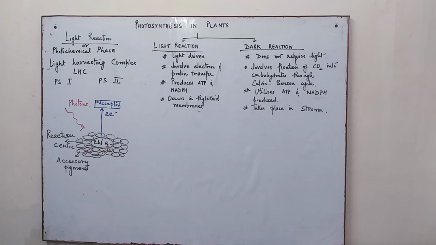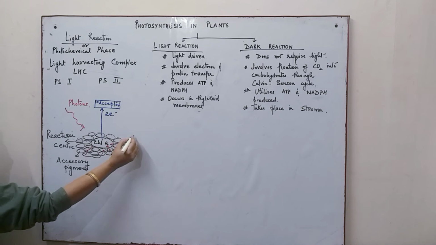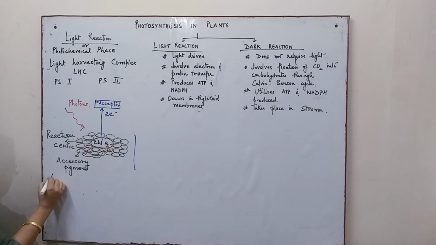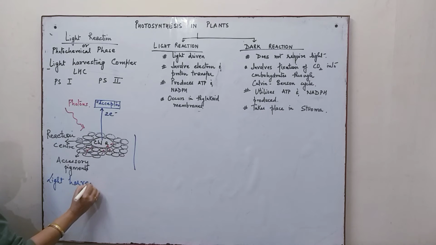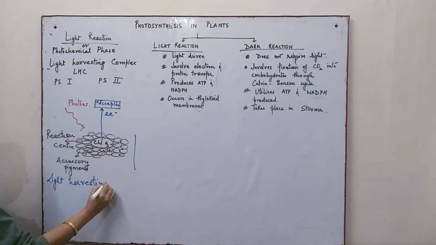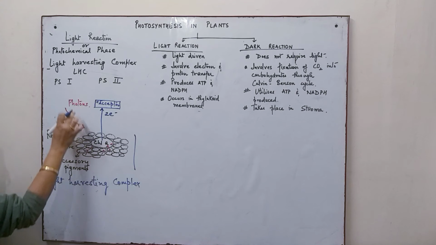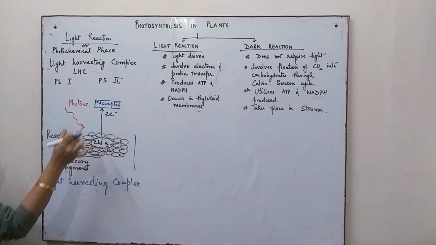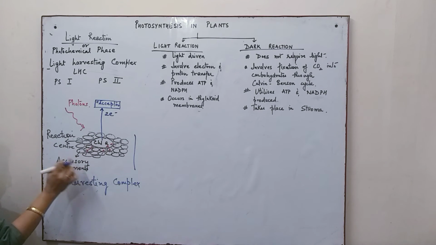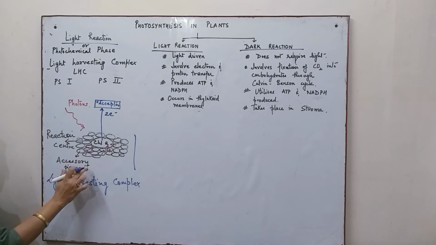This entire system is known as the light harvesting complex, because it is utilizing the photon, that is the energy, and in turn excites the accessory pigments. This energy passes to chlorophyll A, which in turn gets excited and releases electrons.